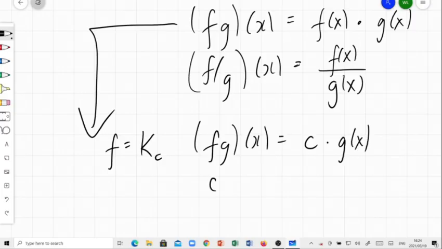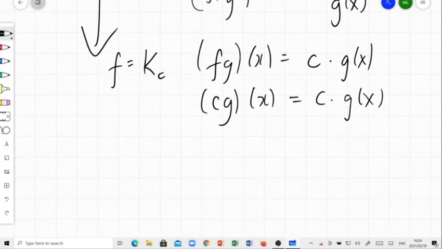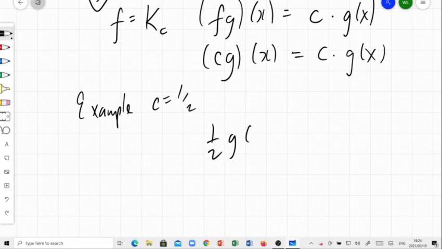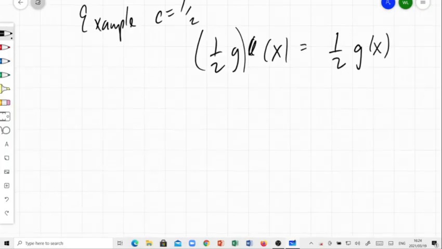In other words, all it does is magnify the heights of the g function by c. If I make c equal to a half, then the graph of a half of g is just going to be halving the heights of the graph of g.